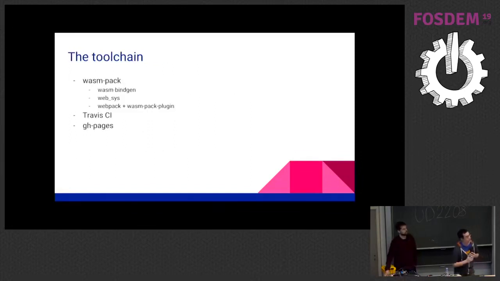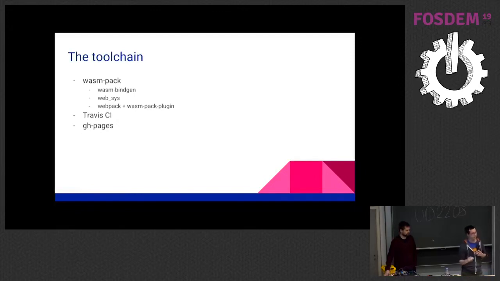The toolchain we used is wasm-pack from the Rust team. They give you a wasm-bindgen tool that can generate the bindings between JavaScript and Rust, so you don't have to write everything yourself.